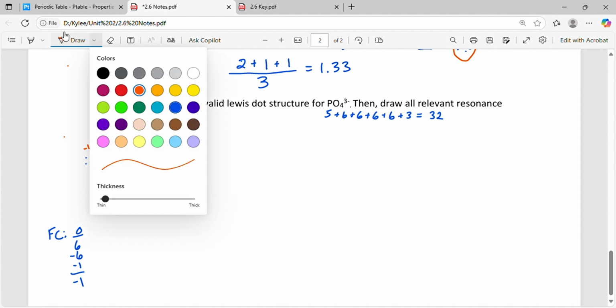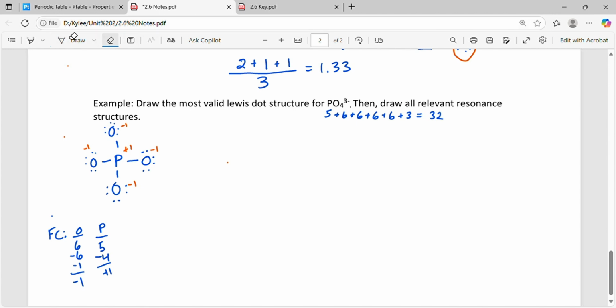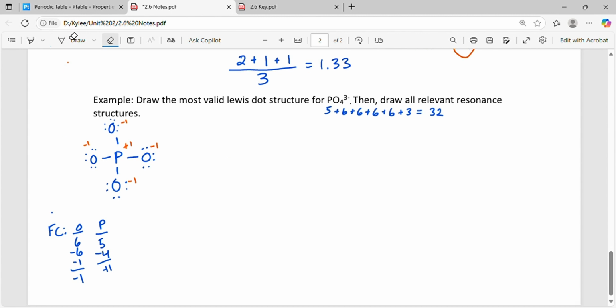This is going to be 5 valence minus 4 bonds because there are no lone pairs. So what I see is that we've got a positive on my central atom, and then I've got some negatives here. Now, like I mentioned before, technically, this isn't wrong, but is it the best we can do? And the answer to that is no.